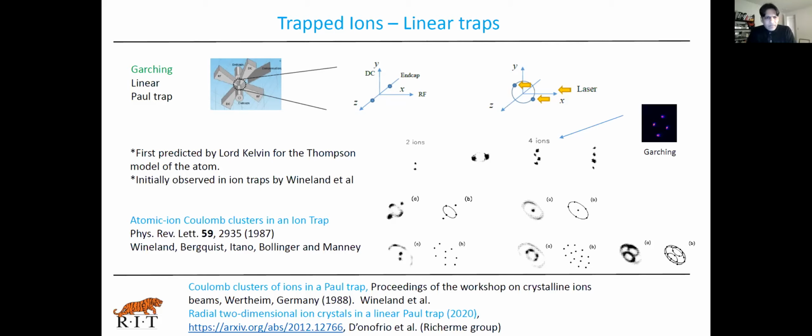So my point of this talk is that we have found that the linear Paul trap allows for elliptical orbits, for multi-loop orbits, which will give you insights into maybe rotor-rotor interactions and interactions with single or chain-like vibrating ions.